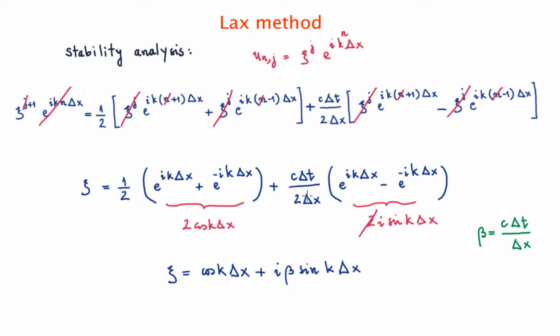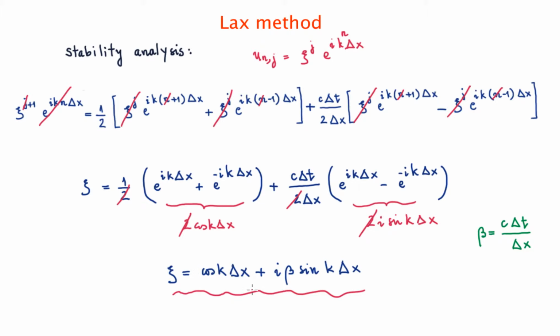So this 2 is simplified with this one, and the same happens with this 2, and we are getting this expression for this eta function. Just remember, in order to simplify the expression, we're going to call beta this c times delta t over delta x.